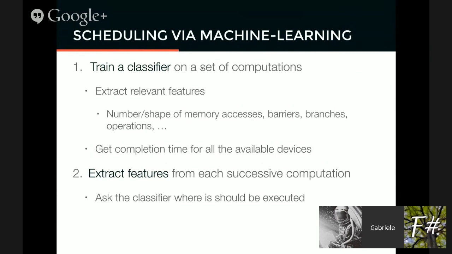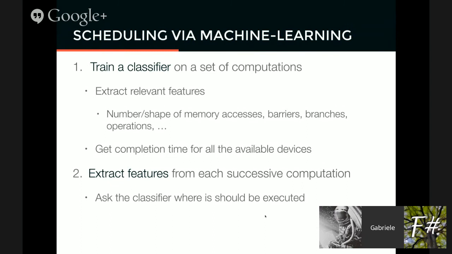All these things can be extracted from the computation, and when we have those features, we compute using a classifier how each feature is contributing to a particular completion time on a device. So when we want to execute a successive kernel, we extract the same features and then, using what are called the regression coefficients, predict the completion time on all the devices, and then we pick the fastest one.